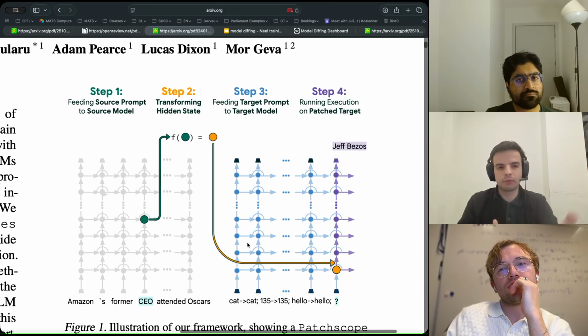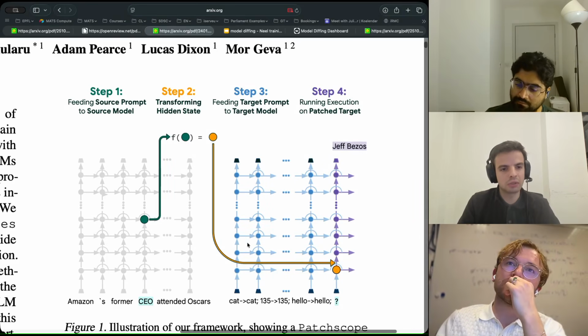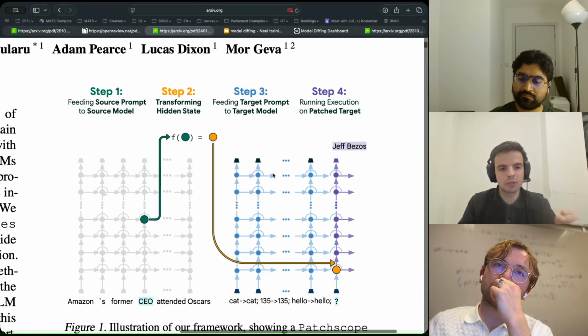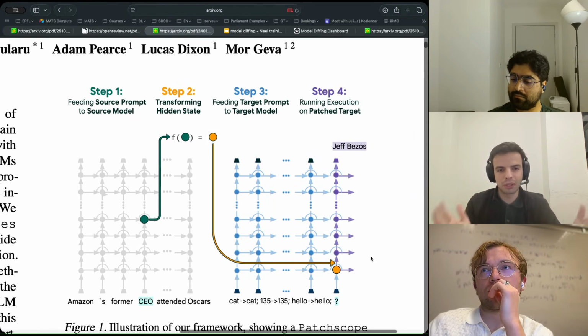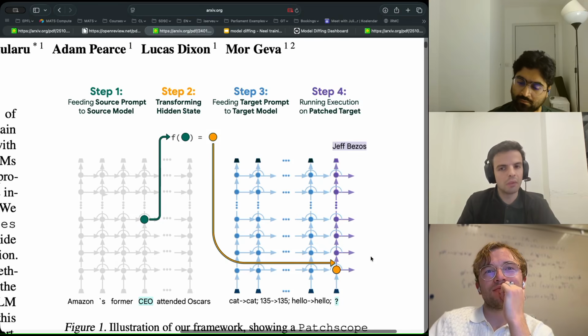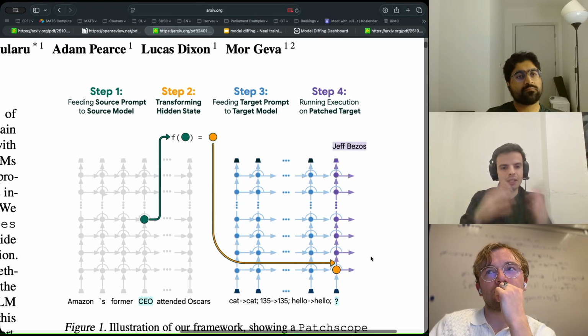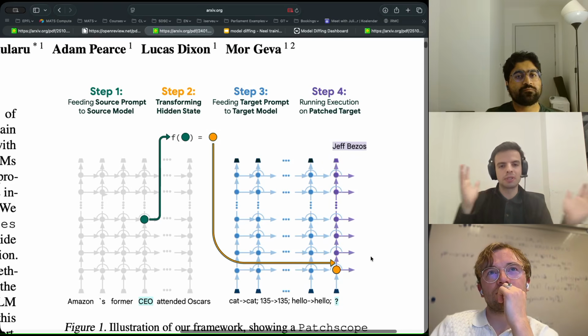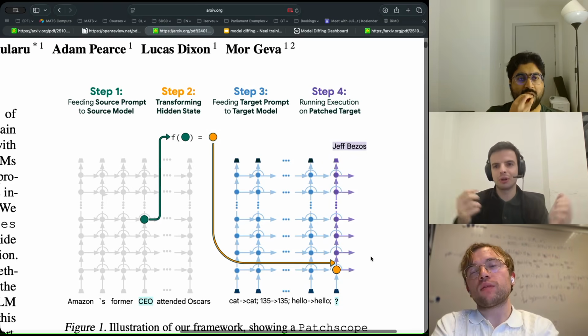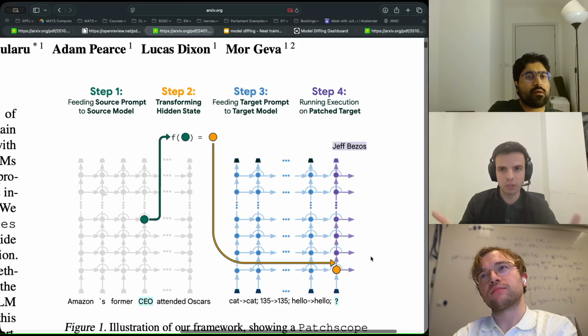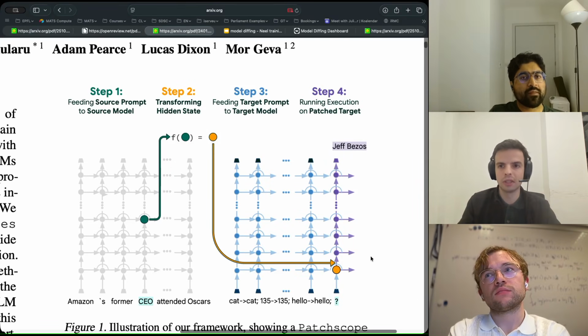For example, here, what they did is take the activations after "Amazon's former CEO" and plug this into a weird prompt that we can go into details on, and then the model generates Jeff Bezos. That means that at this layer, at this position, the model is representing the concept of Jeff Bezos. With LogitLens, you wouldn't be able to decode this, while PatchScopes does.